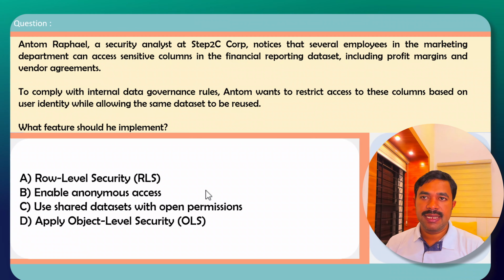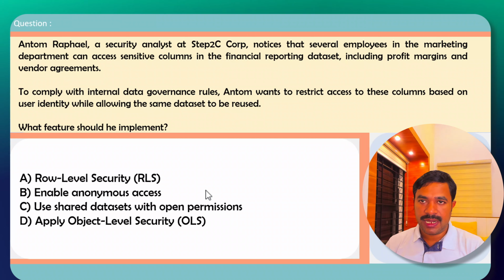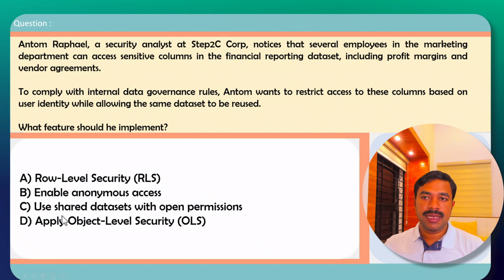To comply with the internal data governance rules, he wants to restrict access to these columns based on user identity while allowing the same dataset to be reused. Which feature should be implemented?